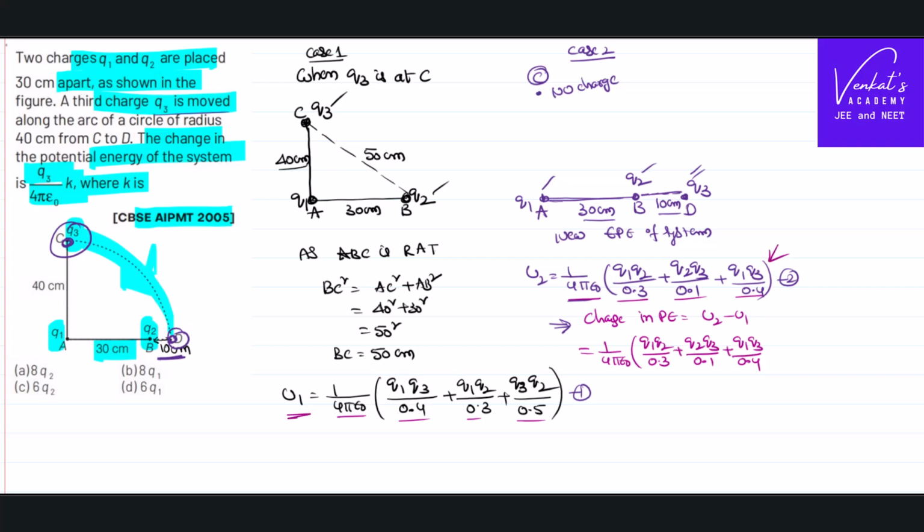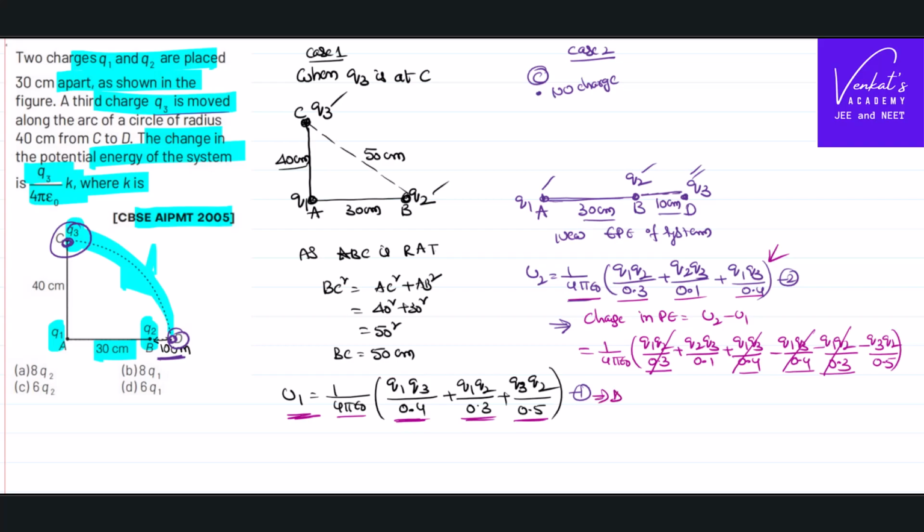Then minus Q1 Q3 by 0.4, minus Q1 Q2 by 0.3, minus Q3 Q2 by 0.5. Let us see, is there anything that cancels? Q1 Q2 by 0.3 minus Q1 Q2 by 0.3 can definitely be cancelled. Q1 Q3 by 0.4 minus Q1 Q3 by 0.4 can definitely be cancelled, because their positions have not changed, their respective potential energy has not changed.